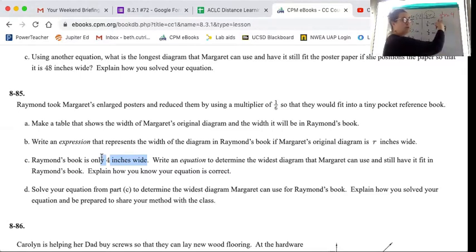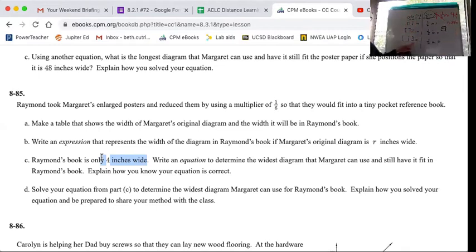So to get rid of this multiplier, I'm going to multiply by the reciprocal. Because if I multiply 1/6 by 6/1, these go away. I'm just left with 1. So since I multiplied that side by 6 over 1, I need to multiply that side by 6/1. And I get R is 24 inches. Woo.